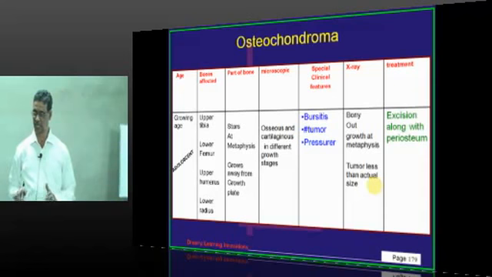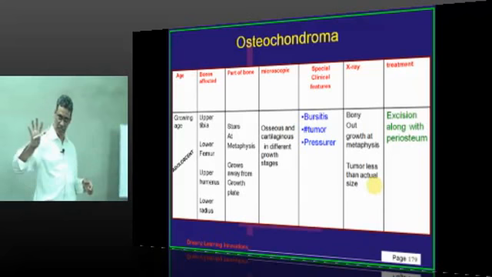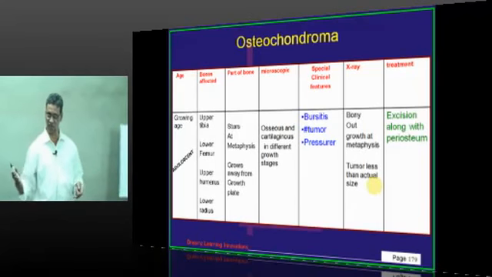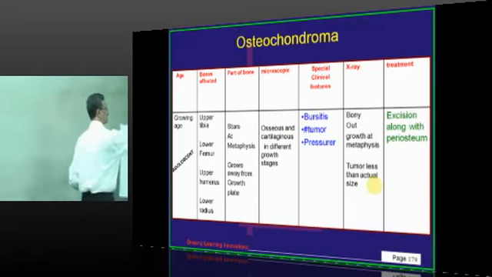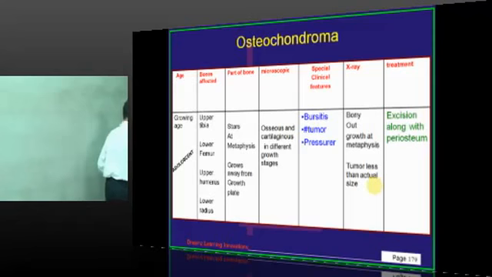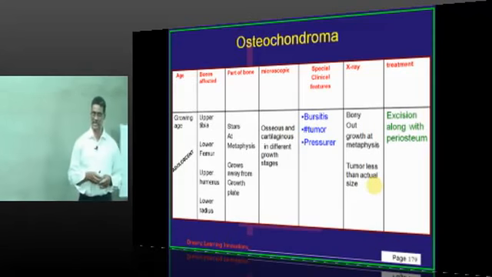Wherever there is constant frictional pressure, they develop a bursa. Because the osteochondroma projects out under the skin stretched over it, it develops a bursa, and that bursa may get infected and inflamed, that is bursitis.